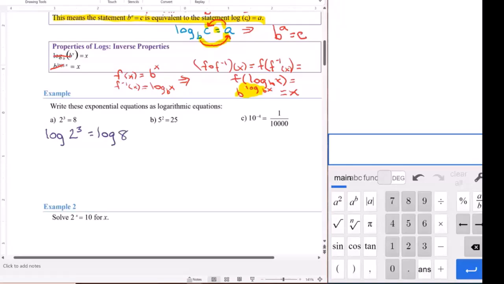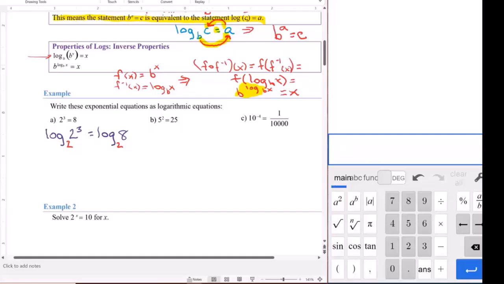I don't have a base in there, do I? But if I want to use one of my inverse properties, then if I have a base equal to b right here, everything will cancel except the 3. What I mean by that is, let's make these both base 2.